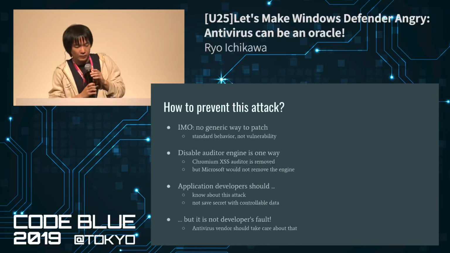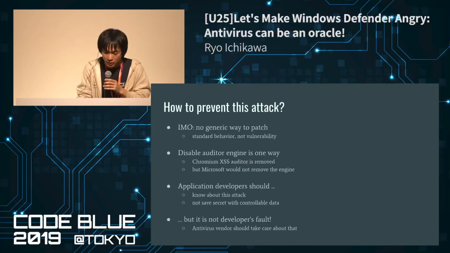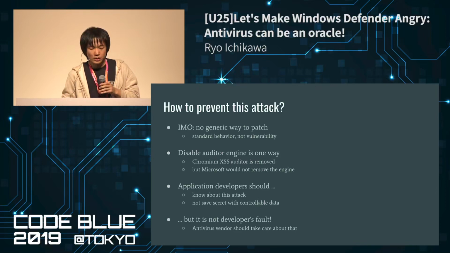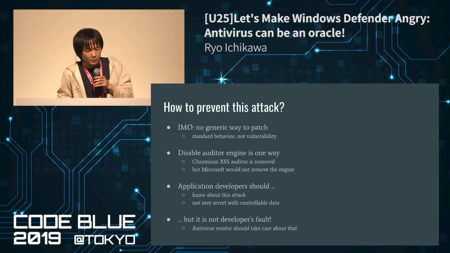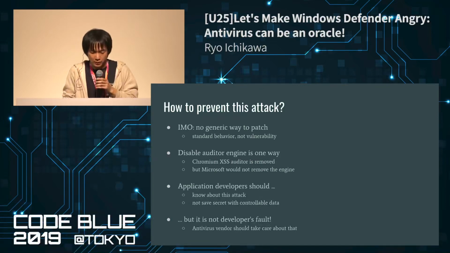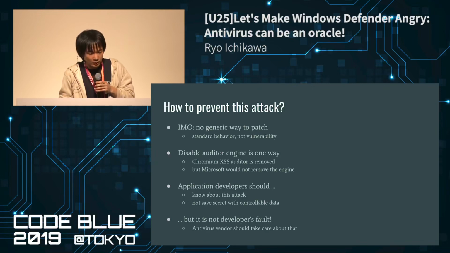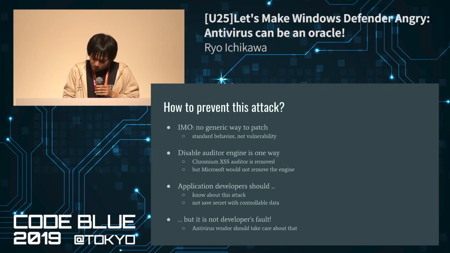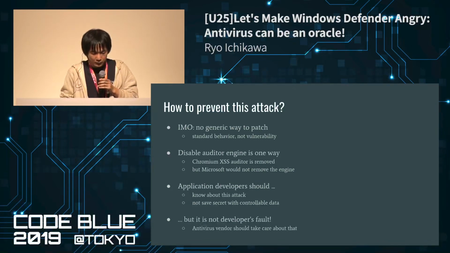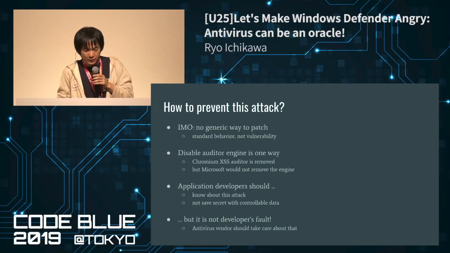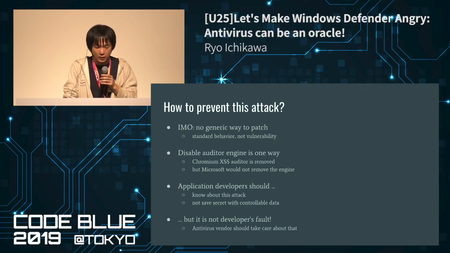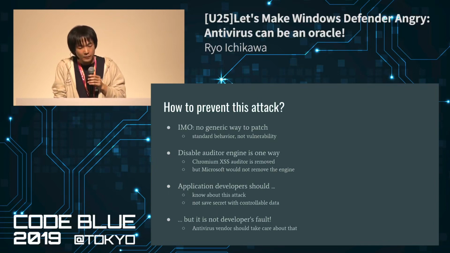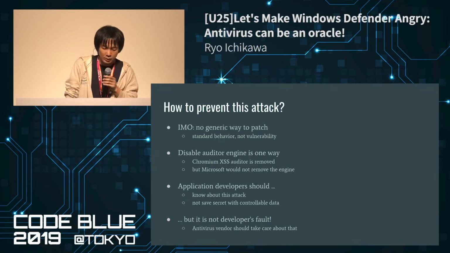Okay, let's think about how to prevent this attack. In my honest opinion, there is no generic way to patch it, because this is standard behavior, not a vulnerability. Of course, disabling the auditor engine is one way, like Chromium's XSS Auditor, which was removed in version 78.